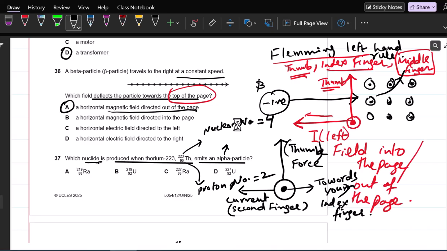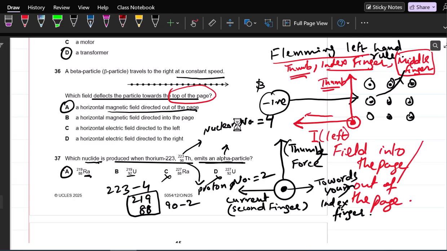So 223 minus 4, you will be getting 219, and proton number 90 minus 2, that will be 88. So we need this combination. C is not giving, D is not giving, here it is 92, no, A is only right. So it means thorium changes to radium after alpha decay, or when it emits an alpha particle. So alpha decay is basically a thing.